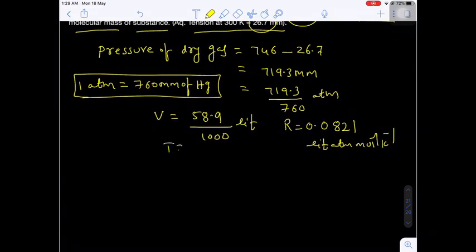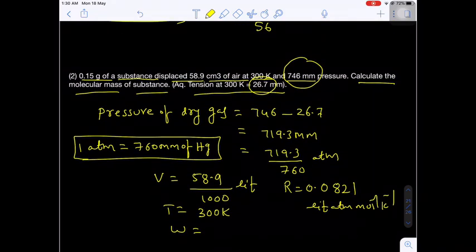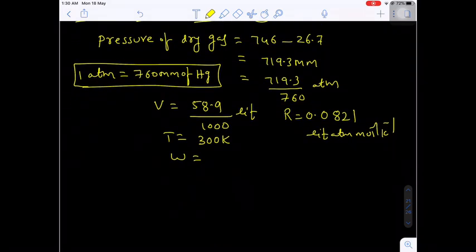The temperature given is 300 Kelvin. The weight of the sample given to you is 0.15 gram. The question asks for the gram molar mass.